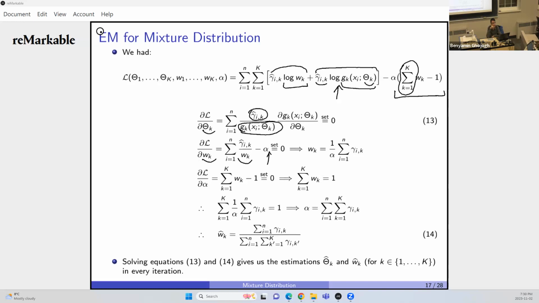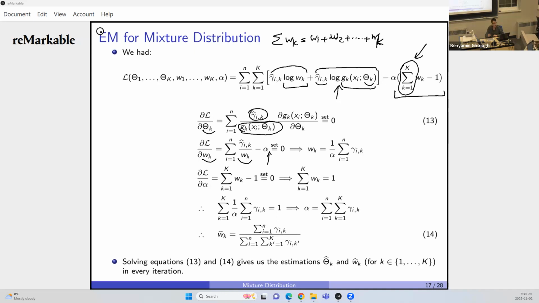Derivative of W1 with respect to WK, yes. Exactly, because when I'm taking derivative with respect to WK, it's for a specific K. For a specific K, as a result, the summation goes away. So let me tell you. The summation of WK is actually W1 plus W2 until plus WK, right? Now assume this K is 2.